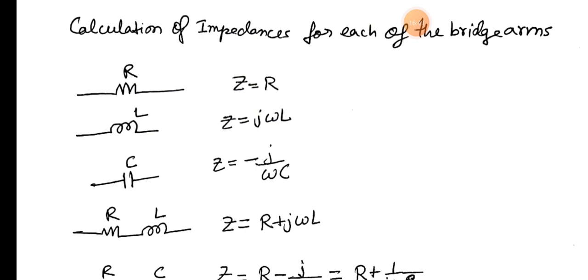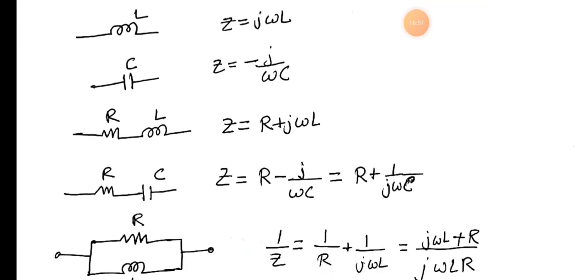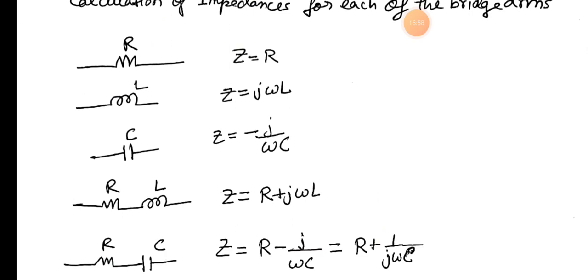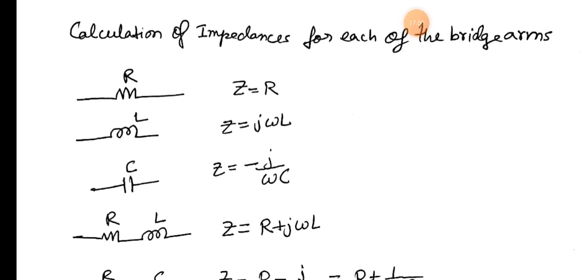If only R is there, then Z equals R. If L is there, then Z equals j omega L. If C is there, Z equals minus j divided by omega C. These are the basic things. I think you know about RLC and you have studied impedances earlier also. Still it's a brush up, because now I will directly enter the Maxwell's bridges, so better I go through this.